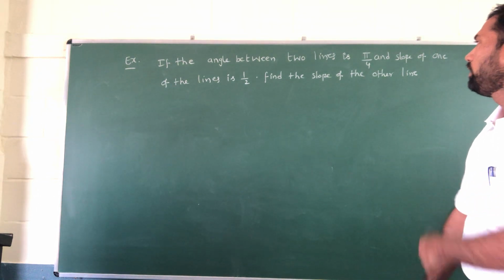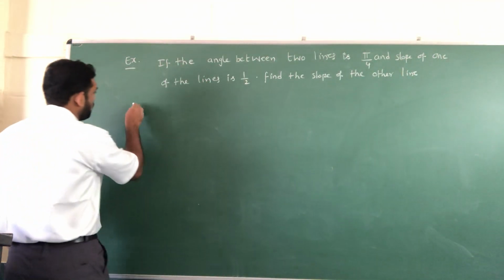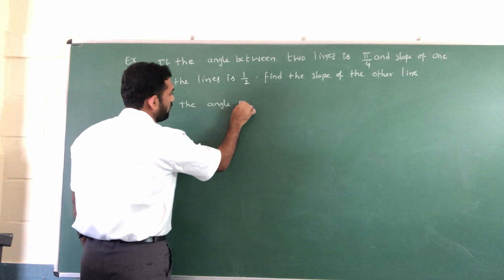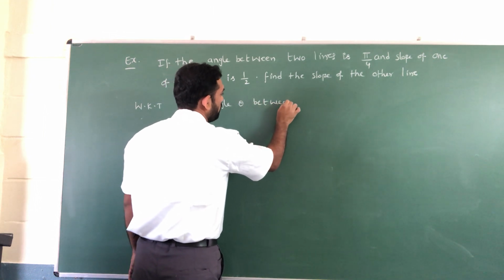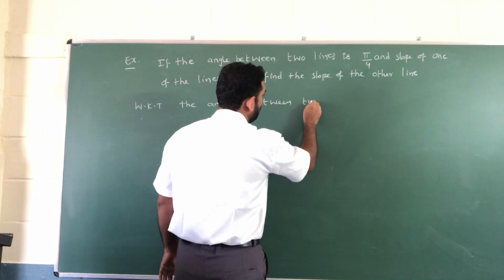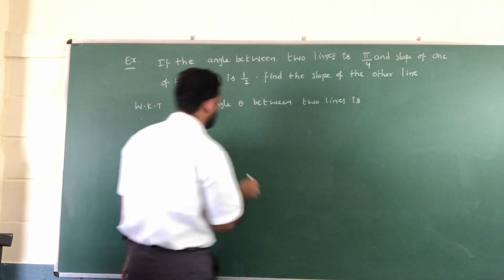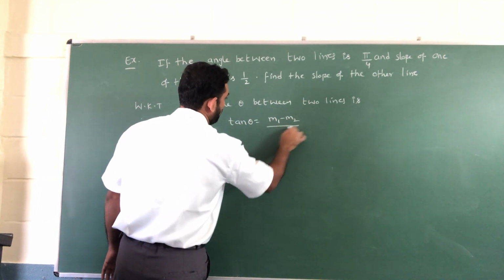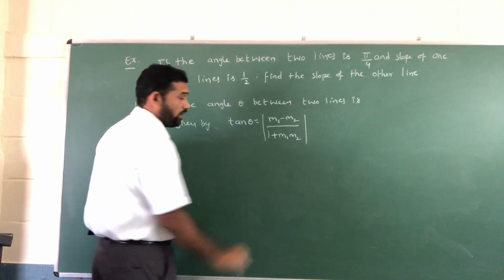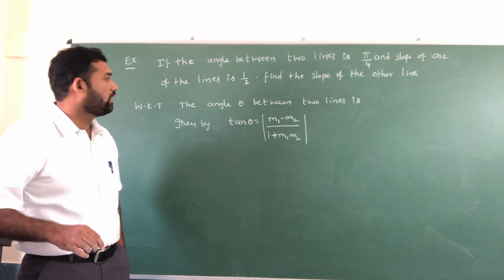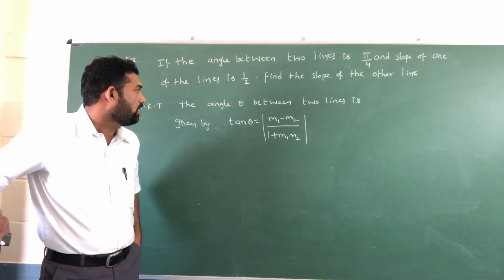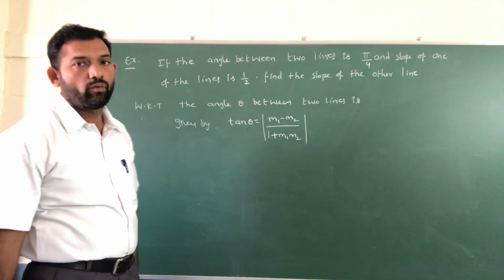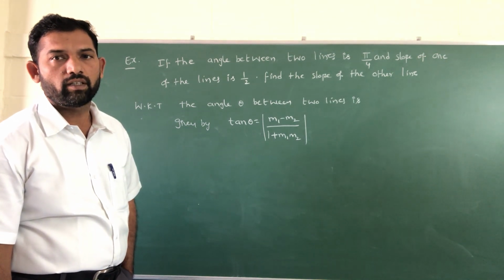So if the angle between two lines is pi by 4, we know that the angle theta between two lines is given by tan theta is equal to modulus of m1 minus m2 divided by 1 plus m1 into m2.